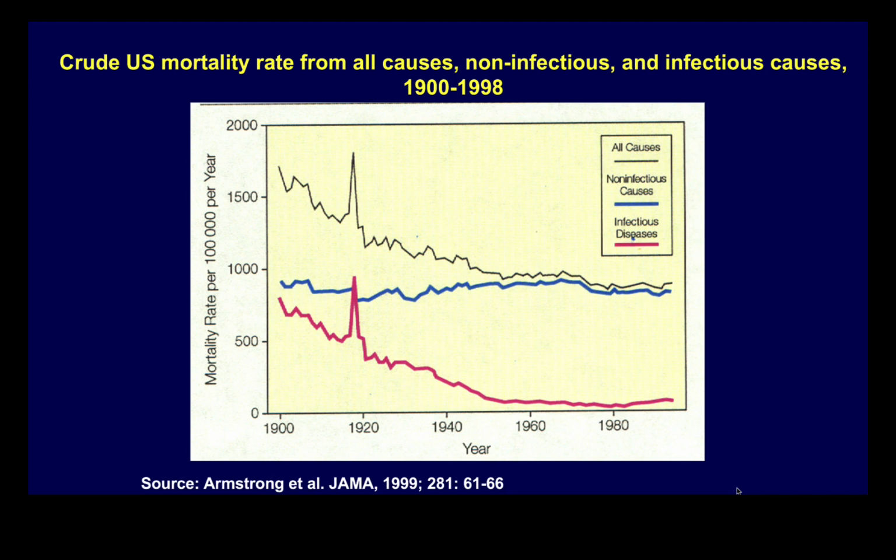And this was largely due to declines in mortality from infectious diseases. And it's shown in this really fantastic landmark paper by Greg Armstrong in JAMA, showing that most of the declines that we've seen in overall mortality during the 20th century happened as a result of declines in infectious disease mortality. And it really is a triumph of public health and sanitation and nutrition and things like that.